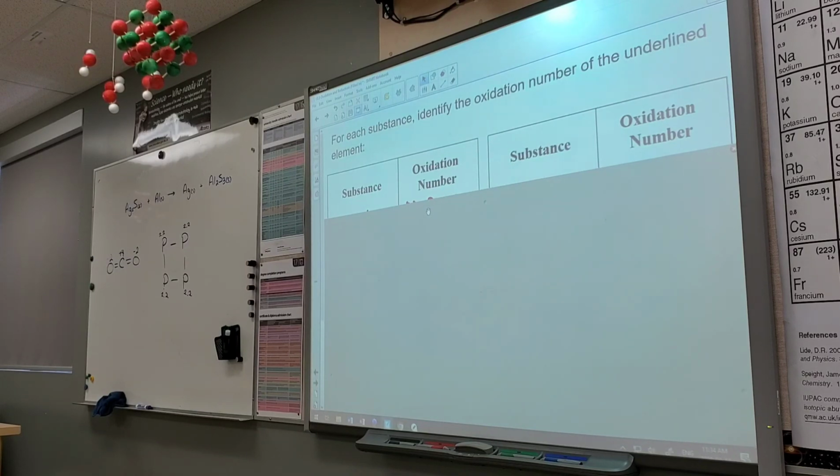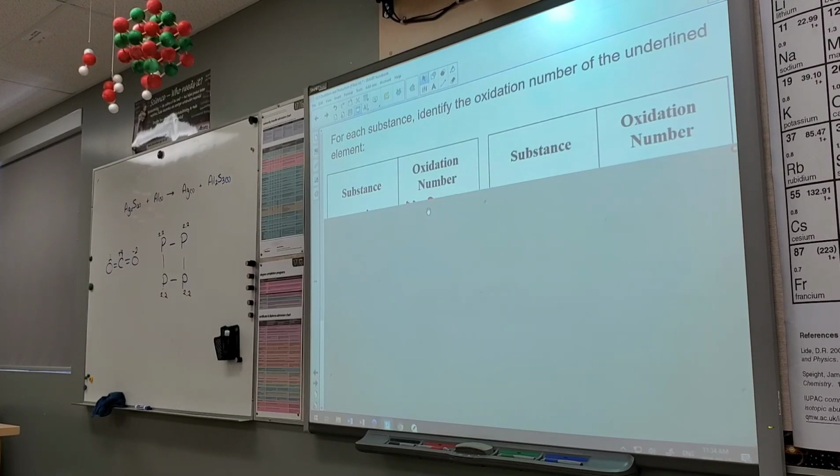Okay? Treat the ions separately. So you have in there, what's the first thing you see?